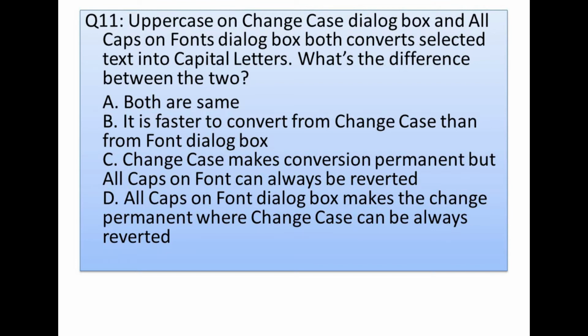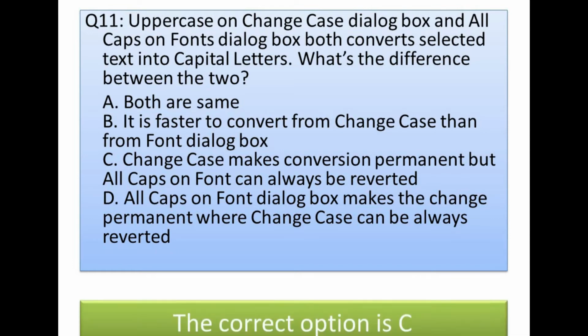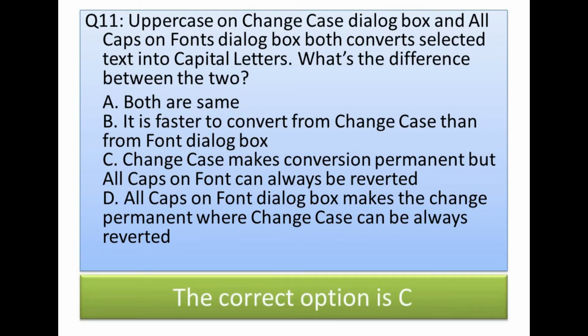Both are same. It is faster to convert from change case than from font dialog box. Change case makes conversion permanent, but all caps on font can always be reverted. All caps on font dialog box makes the change permanent, where change case can always be reverted. So the correct option is C.